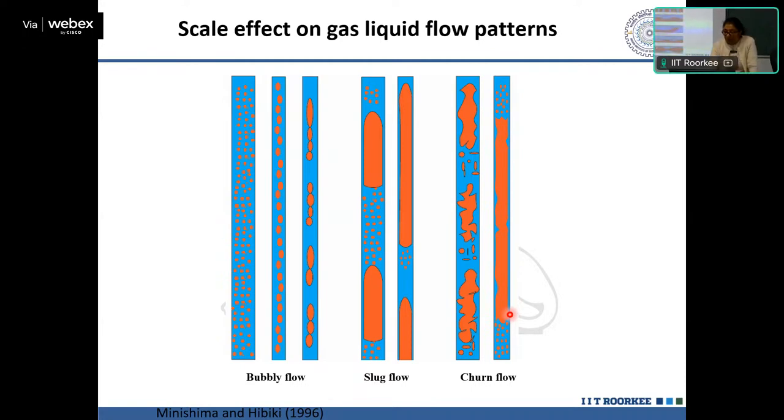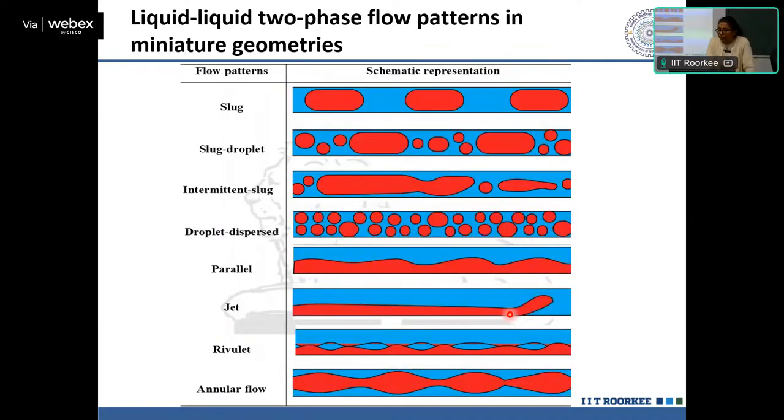Similarly, we have some representation for the liquid-liquid flows. From our experiments also, with different phase velocities and different types of liquid flows, we see what we could call droplet dispersed, not entirely dispersed.